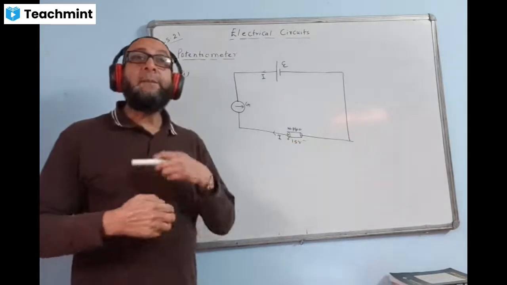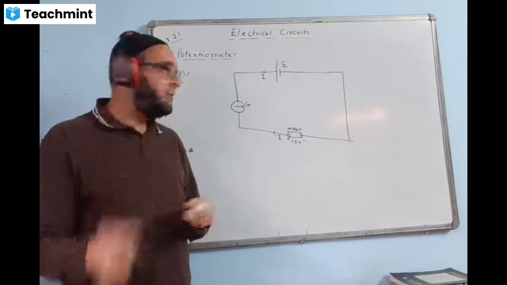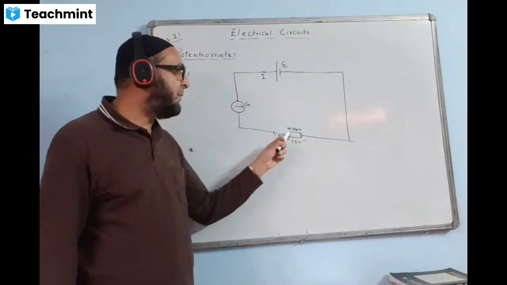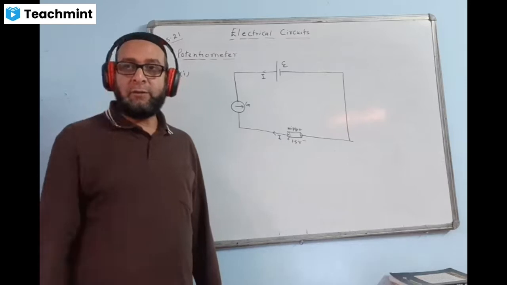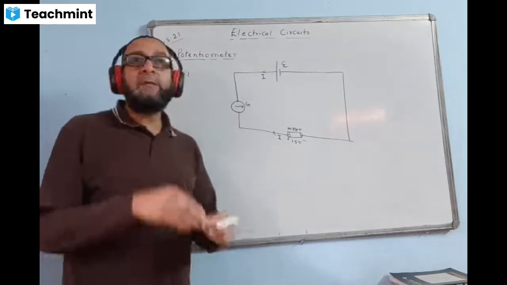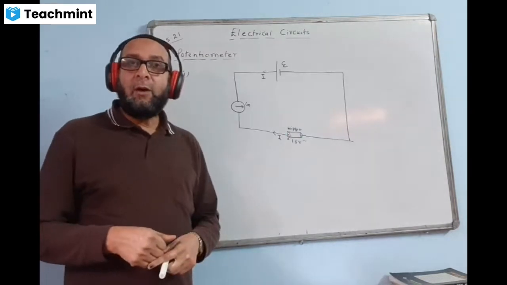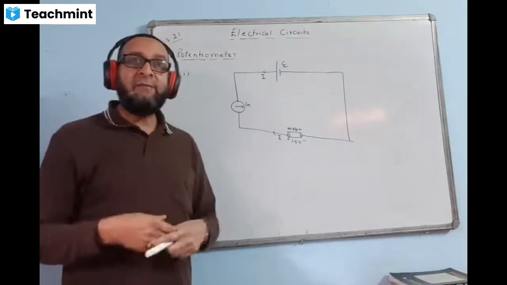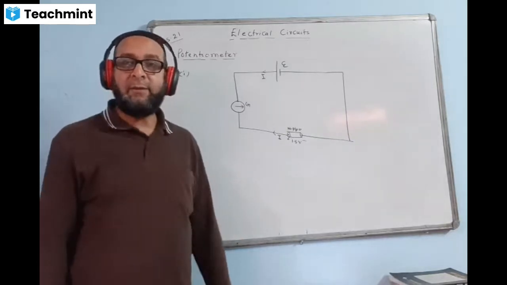So when the company makes it, they need to check whether the voltage they have developed between these two terminals is exactly 1.5 volt or not. If instead of 1.5 it becomes 1.4 or 1.3, that means this cell is faulty. Or if it becomes more than 1.5, then also it is faulty. It has to be exactly 1.5.